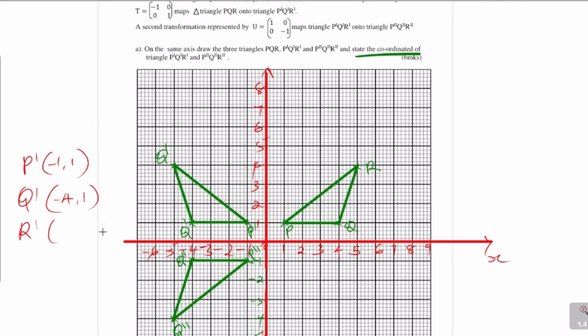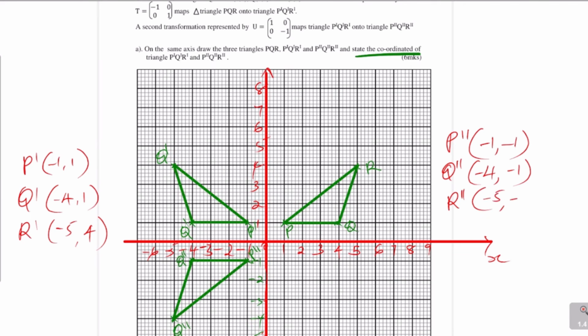R prime is negative 5, 4. Then P double prime is negative 1, negative 1. Q double prime is negative 4, negative 1. R double prime is negative 5, negative 4. That is how you're supposed to leave the coordinates. Now we proceed to the other question.